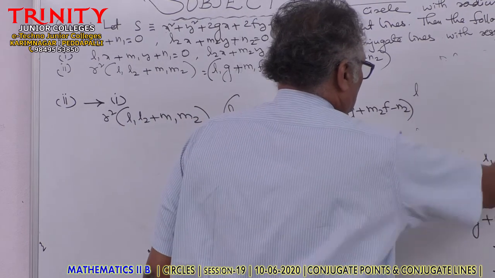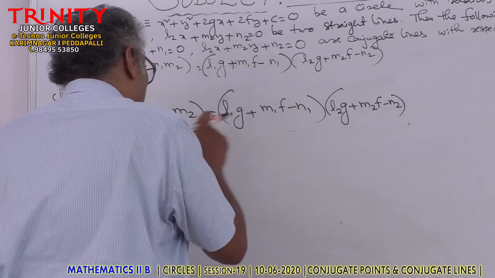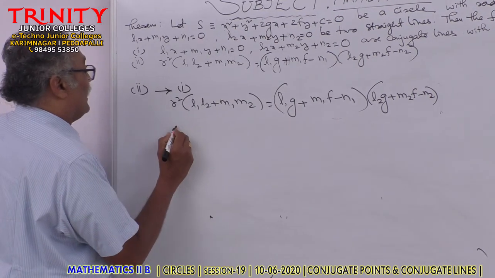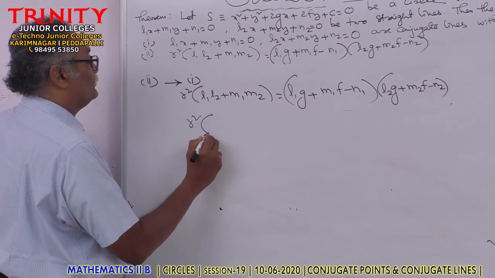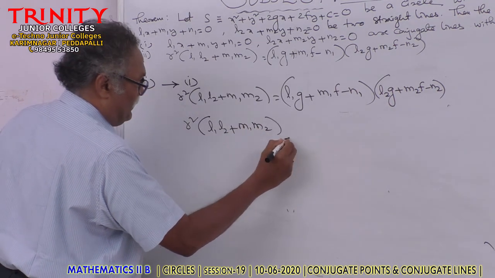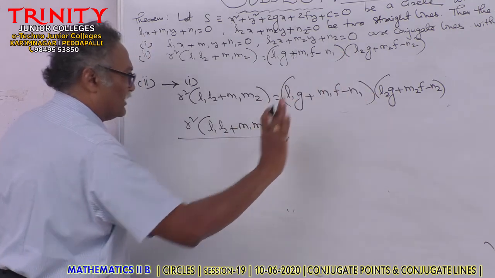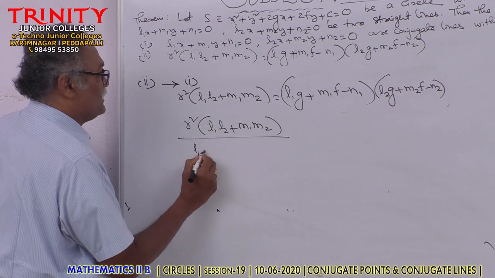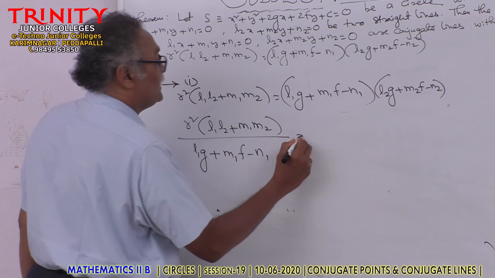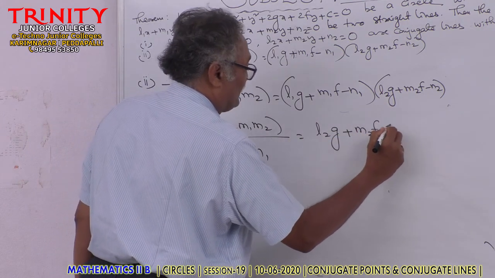Now write this part as a denominator, either this one or this one, anyone. R square into L1 L2 plus M1 M2 by L1g plus M1f minus N1 equals L2g plus M2f minus N2.